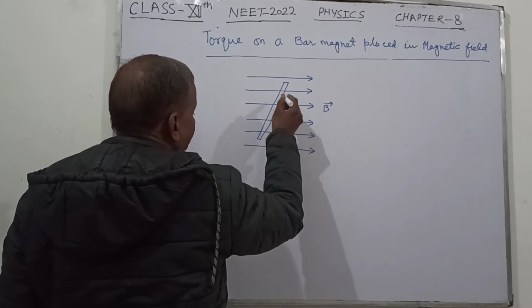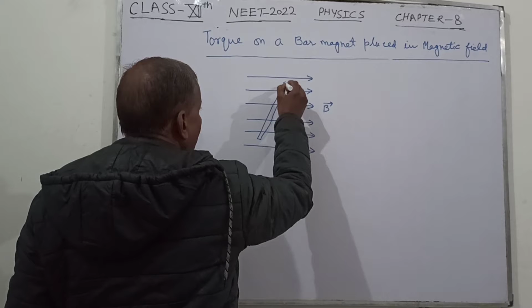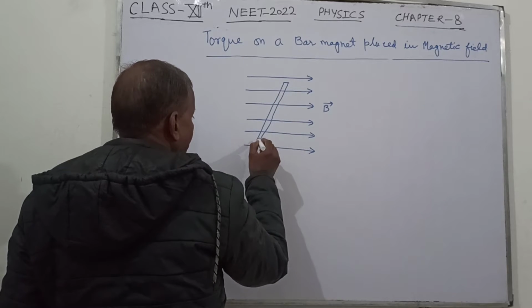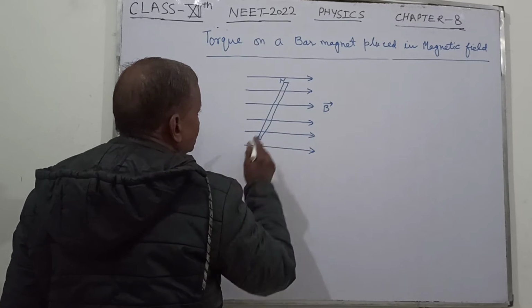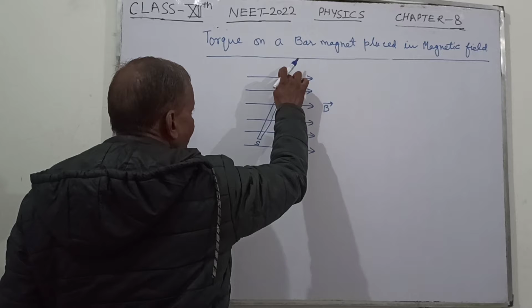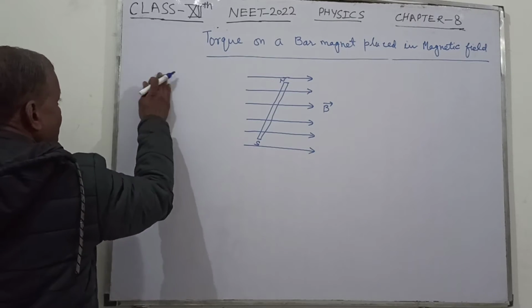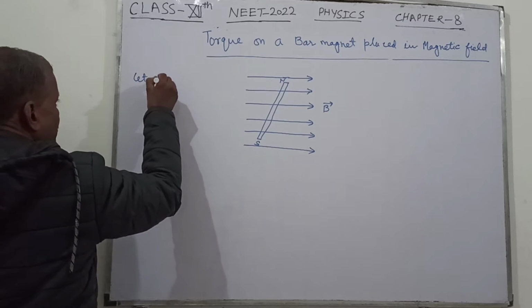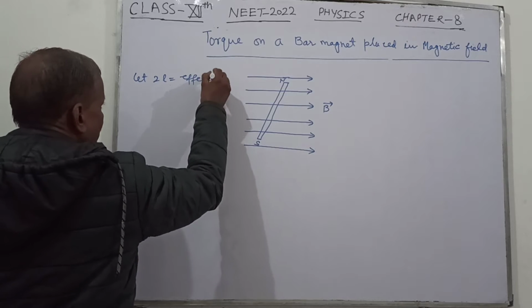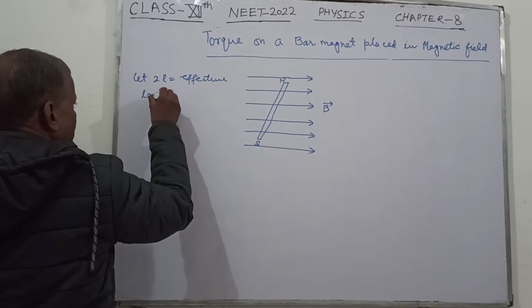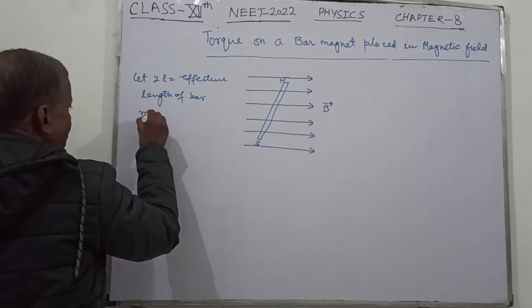Let this be the S pole and this be the N pole. Let 2L equal the effective length of the bar magnet.